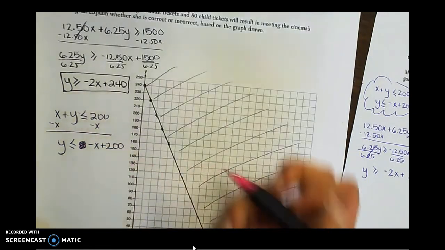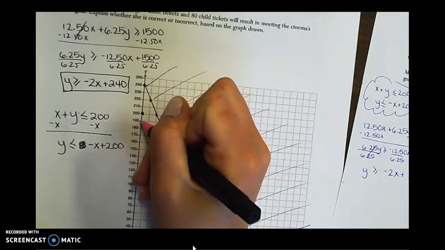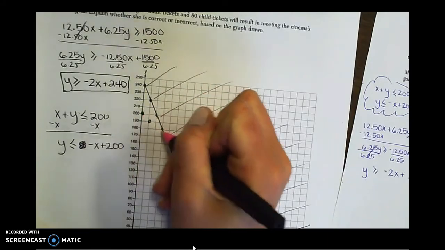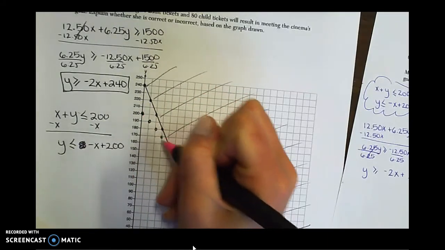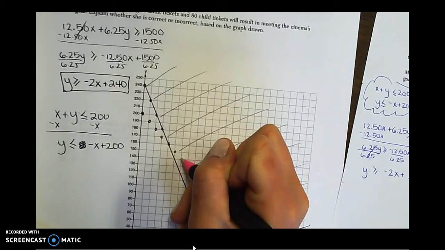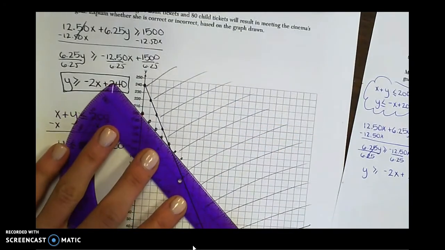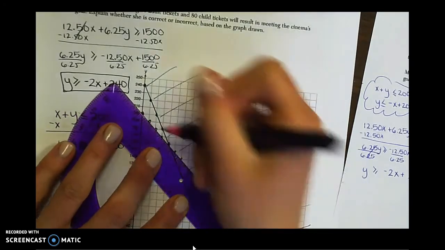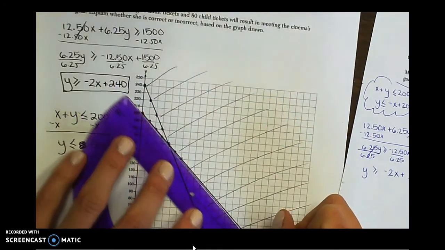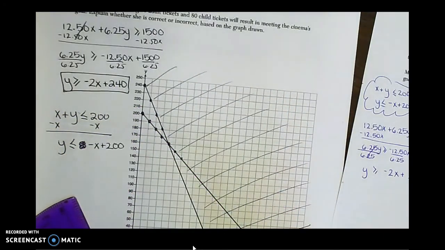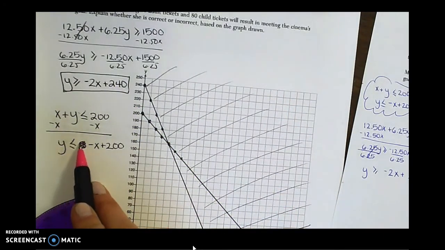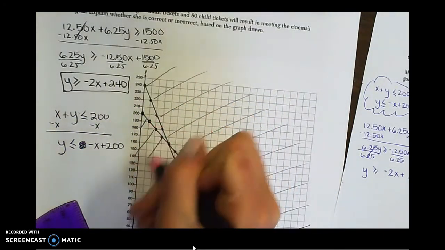So I'm going to start at 200, and we're going to go down 1 over 1, down 1 over 1, down 1 over 1. Okay, once I get a bunch of the points plotted, I can go ahead and draw my line. All right, and this time it's less than or equal to, so we're going to shade underneath.